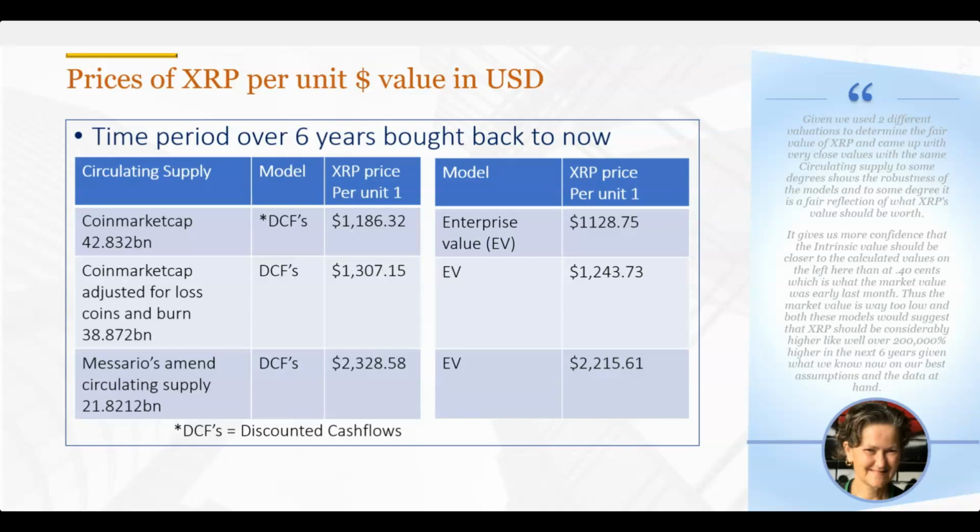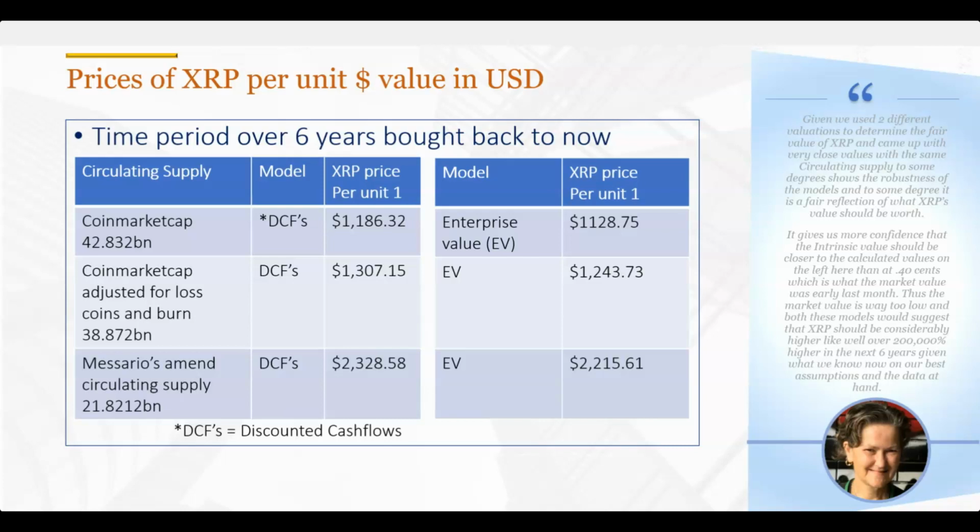for XRP. Now, what it does say, and yes, our assumptions might be too high or too low, but in both models we've shown some very conservative assumptions. Over time we've only assumed Ripple might have only had 5% or 2% or 3% of usability and getting more clients.